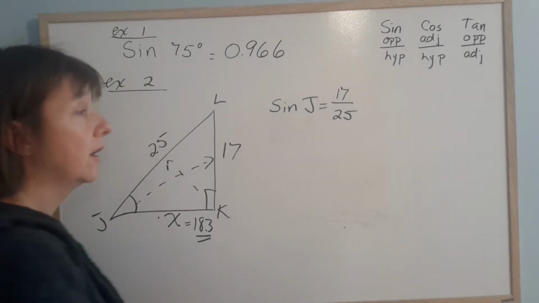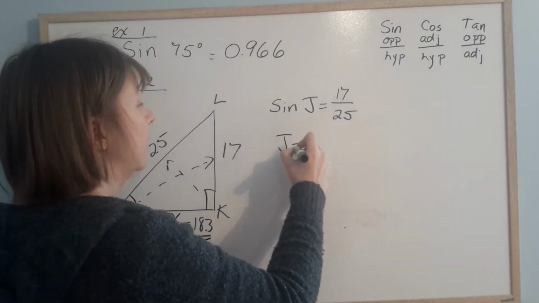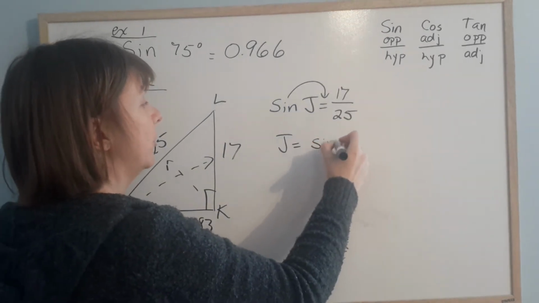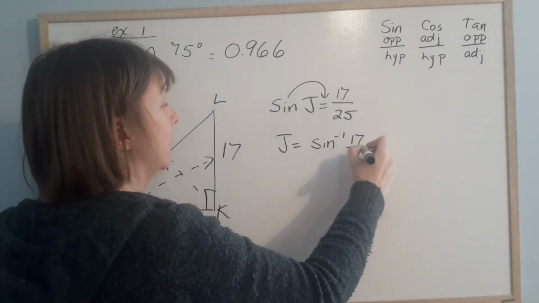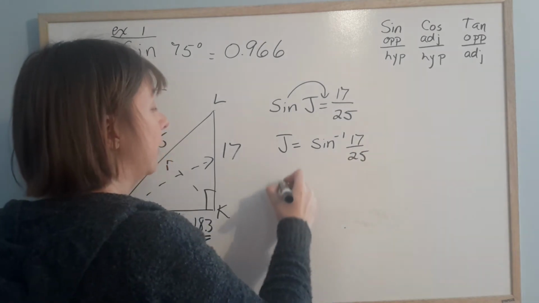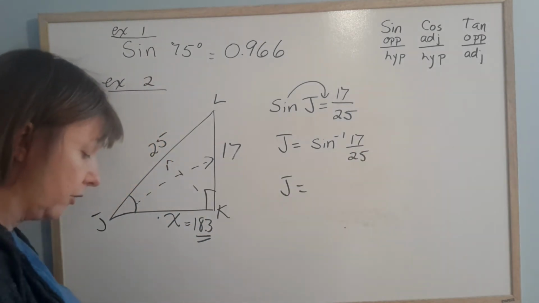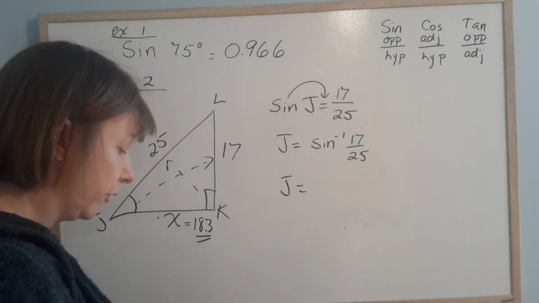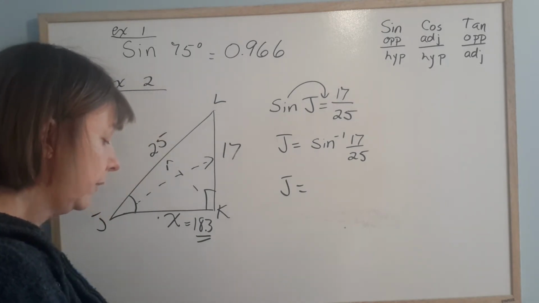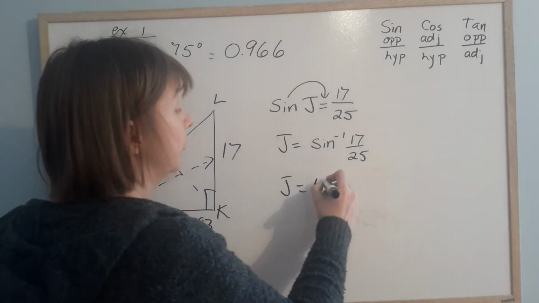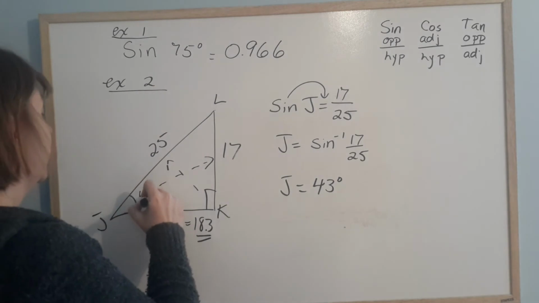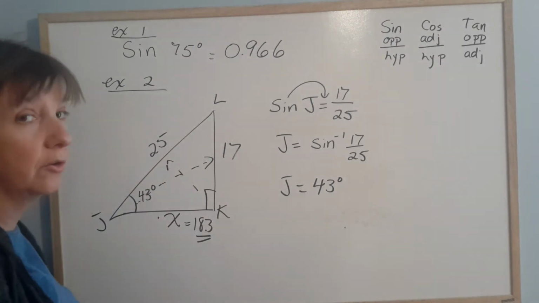Then I can figure out angle J by moving the sine over and doing arc sine of 17 over 25. In my calculator, shift sine of 17 over 25 tells me 43 degrees when I round it off. It's like 42.8. So this is 43 degrees.